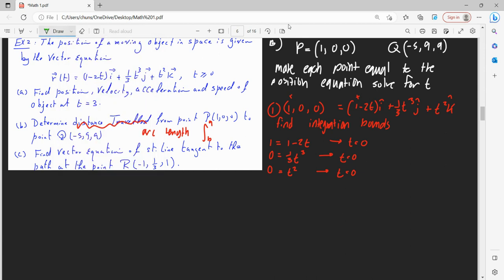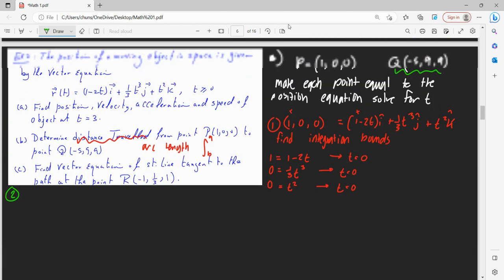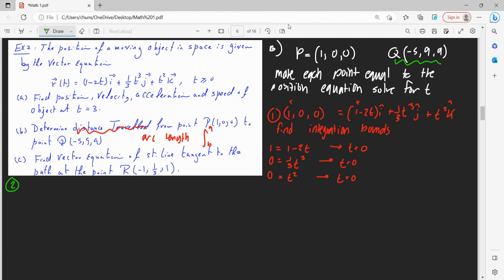So now we are going to work with Q. Hopefully I have enough room for this. Now we're going to make everything equivalent to our point Q. Sorry, it's so messy.